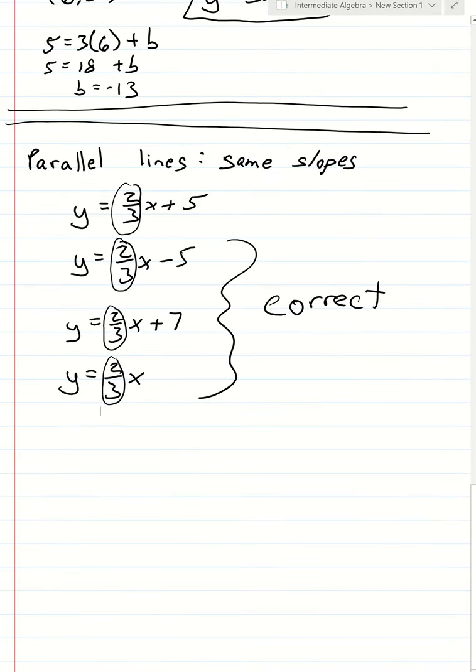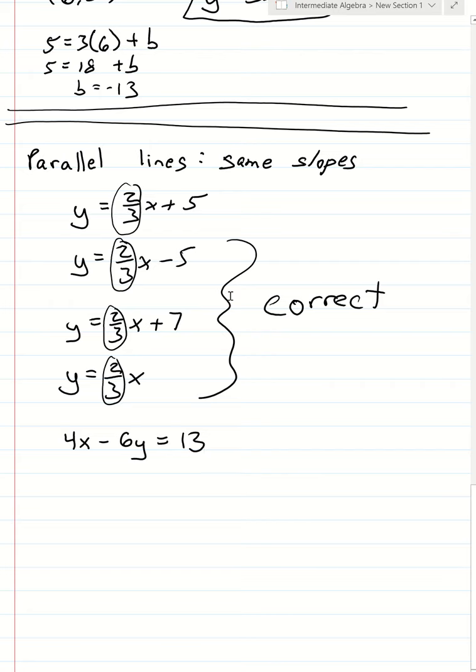What if we gave you this? What if I had, let's say, 4x minus 6y equals 13? Is this equation parallel to all the others? Well, your initial instincts might tell you, well, no, they look so different, okay?